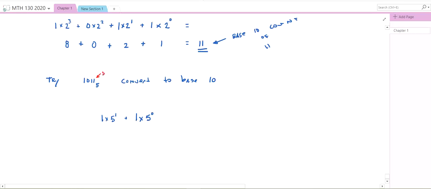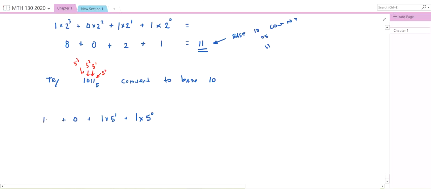So this is the 5 to the 0 column. This is the 5 to the 1. This is the 5 squared. And this is the 5 cubed, because our base now is 5. I add this to 0. This is 0 again.